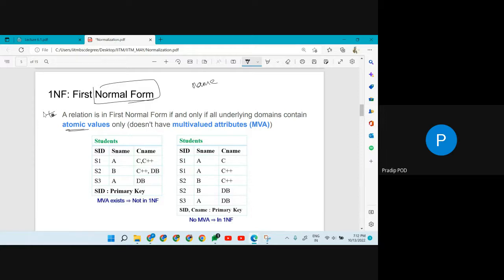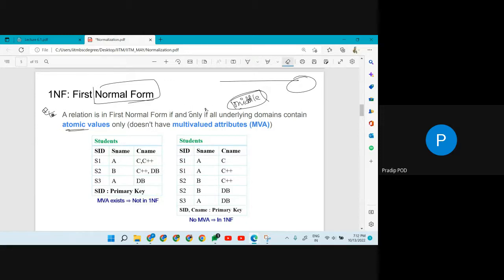You have already seen in the ER diagrams that name is divided into first name, middle name, and last name, right? It should not be like this, it should be an atomic value.